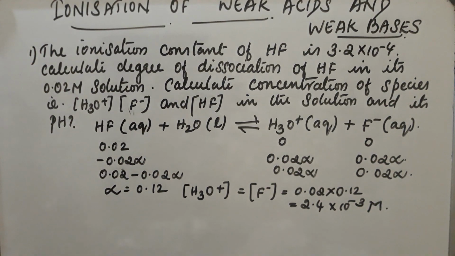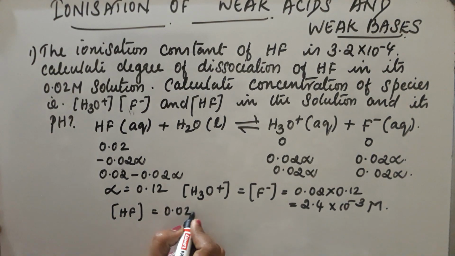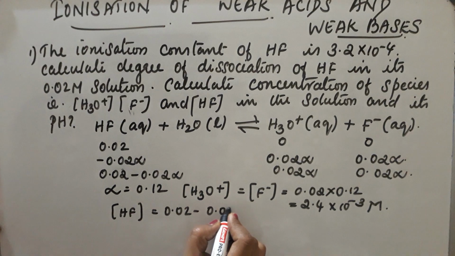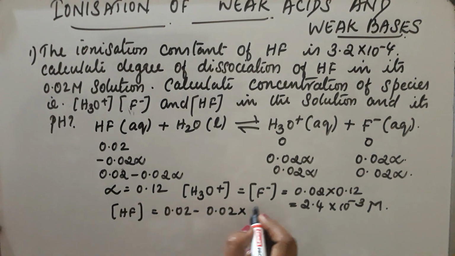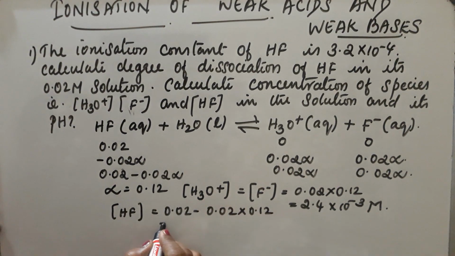Okay, now next we have to calculate the concentration of HF. HF is C minus C alpha, that is 0.02 into 1 minus alpha, with alpha 0.12. Okay, answer is 17.6 into 10 raised to minus 3 molar.